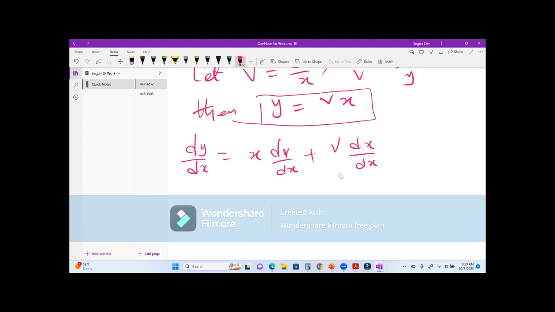So I have x dv/dx plus v. So it simply means that my dy/dx is equal to this. Any question?